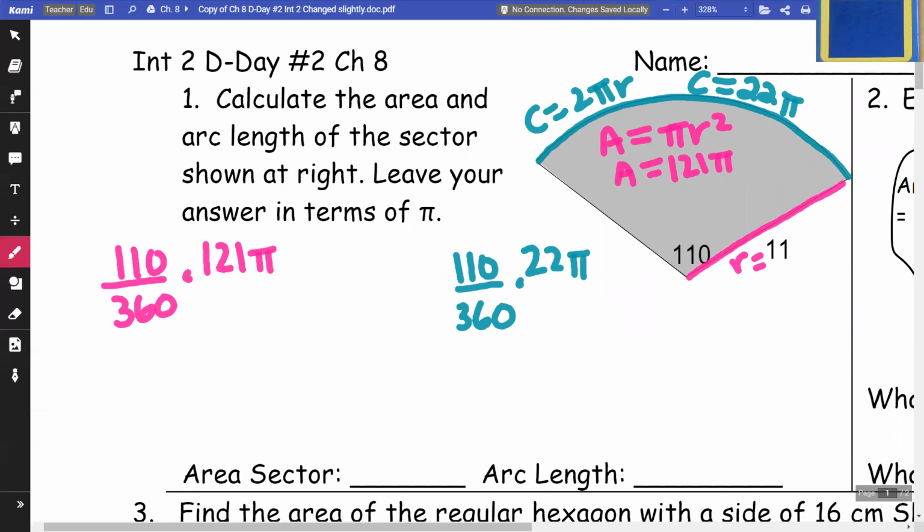So I am going to bring my calculator over here. And I'm going to do alpha y equal to get fraction. And I'm going to do 110 out of 360. Just zoom in a little bit more.